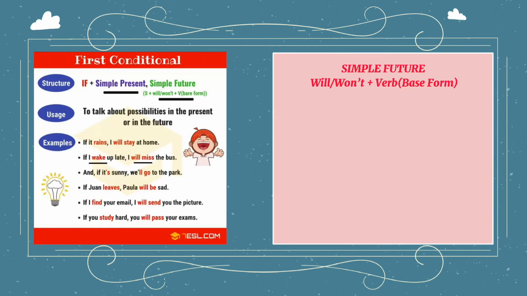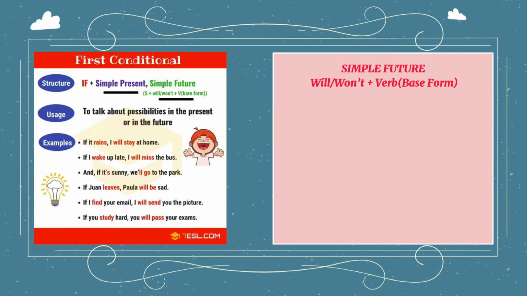The word wake is simple present, and the simple future in this sentence is will miss. Example number 3: if it's sunny, we will go to the park. The word is is simple present, while we will go is the simple future.